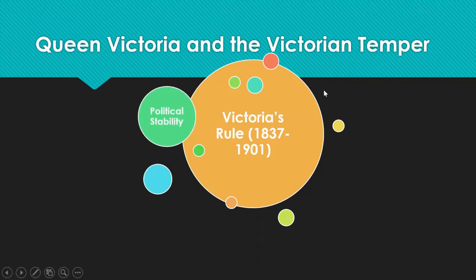First of all, because Queen Victoria had a very long rule, she was the messenger of some political stability, and there were no changes of kings and queens, so she was the only one in there.